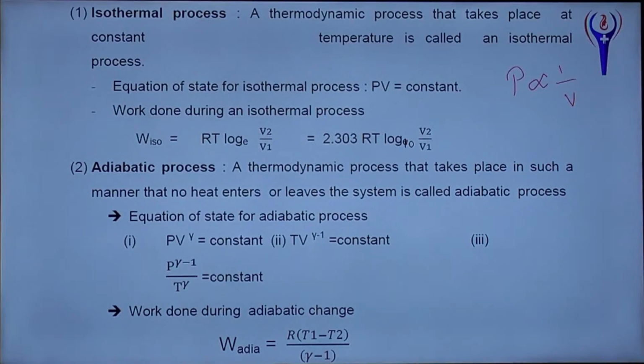So this is the conversion: the natural logarithm of x equals 2.303 into log of x to the base 10.